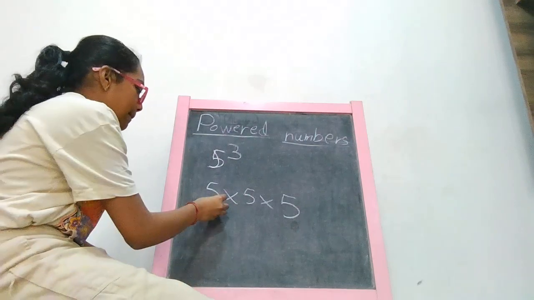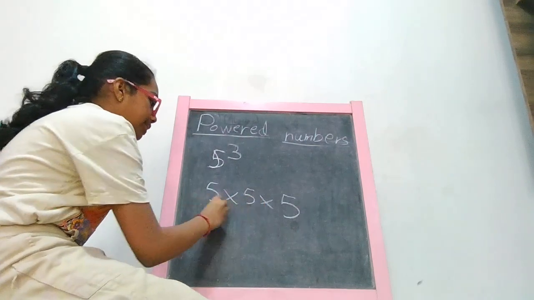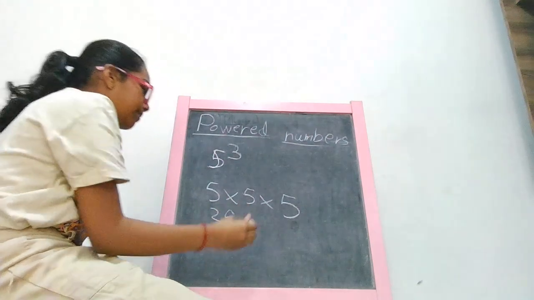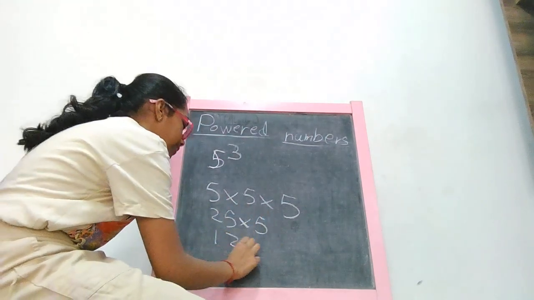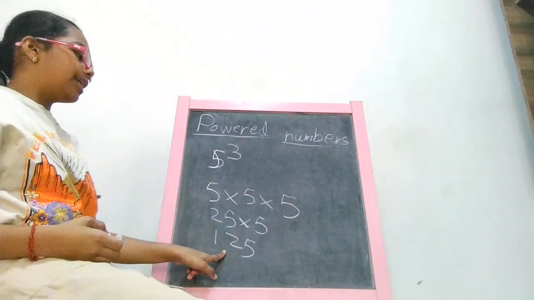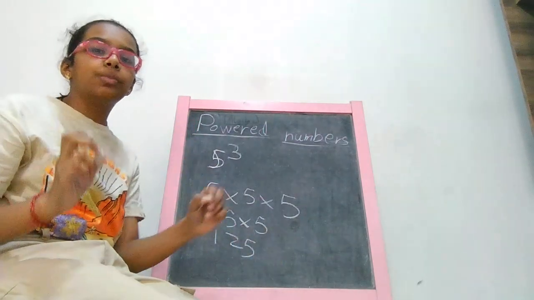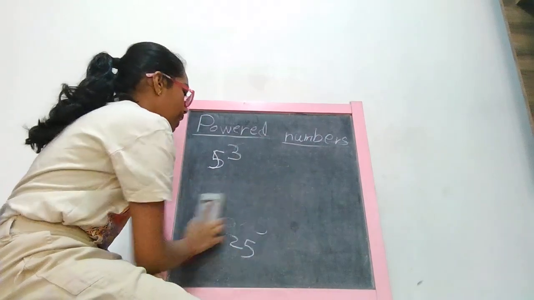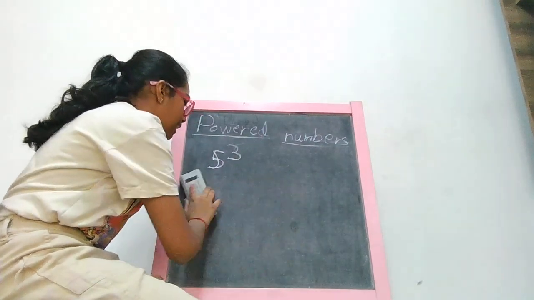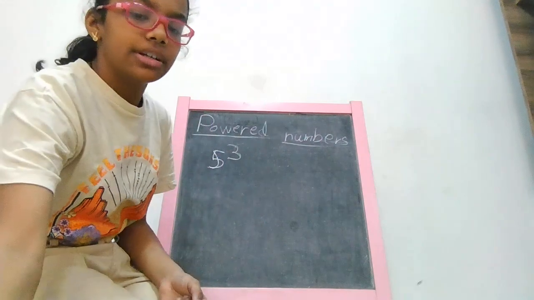Now look. 5 times 5 is 25, right? Now 25 times 5 is 125. So 125 is what you will say is called a cubed number. Let me write that down. So there are squared numbers with an ed and cubed numbers with an ed.